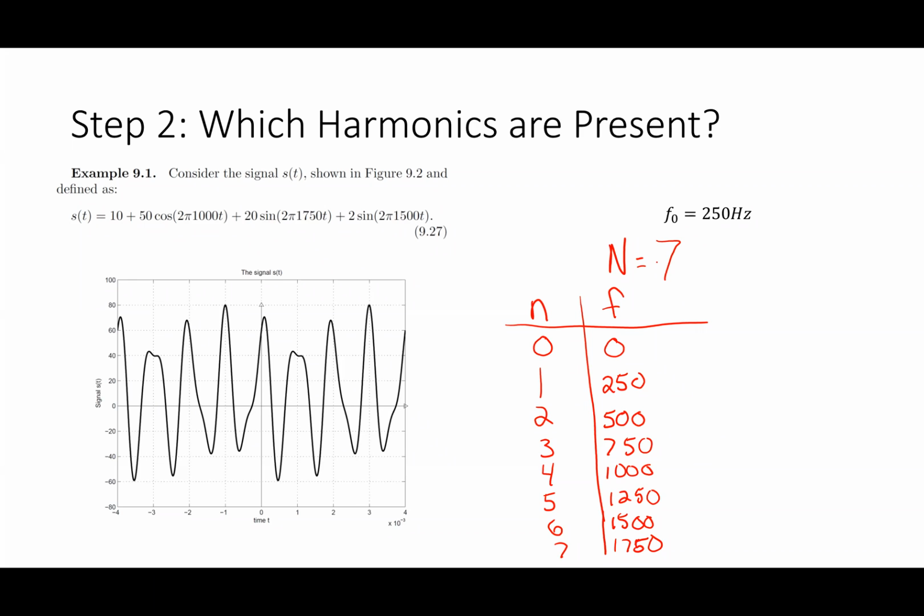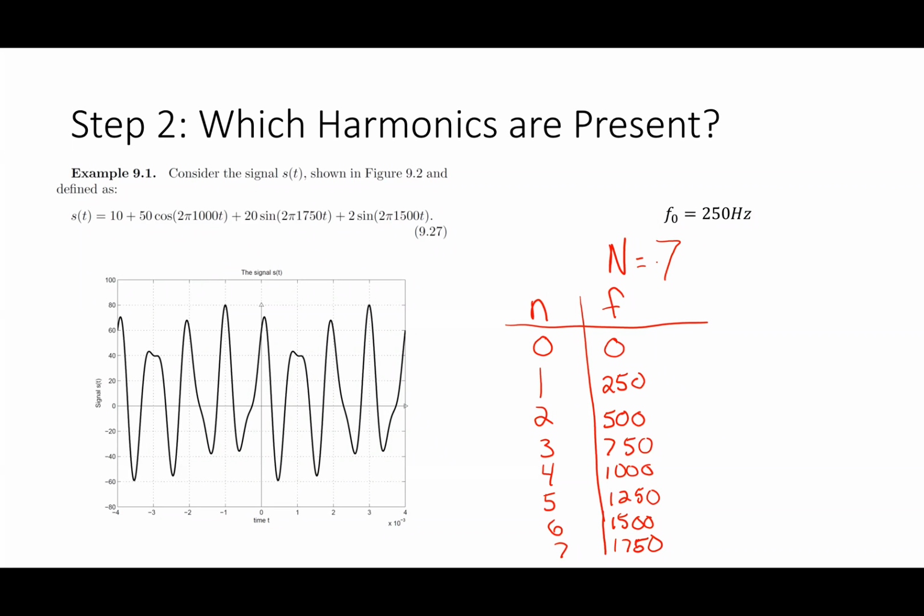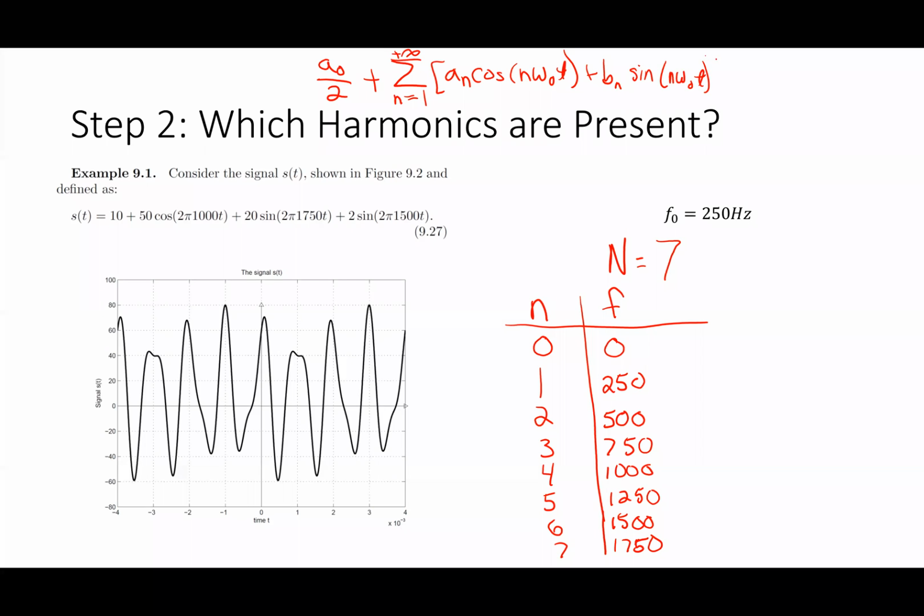Now let's say I want to determine the coefficients, right? So if we remember, one form of the series was A0 over 2 plus the sum from n equal to 1 to infinity of an cosine n omega naught t plus bn sine n omega naught t, like that.